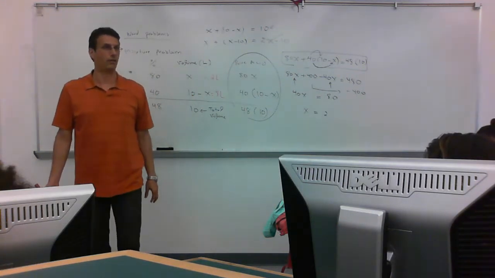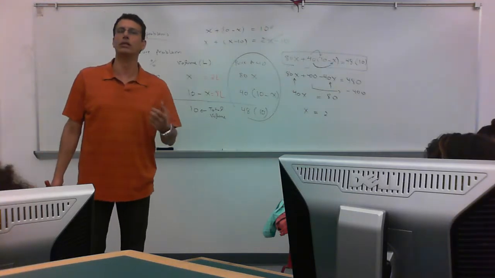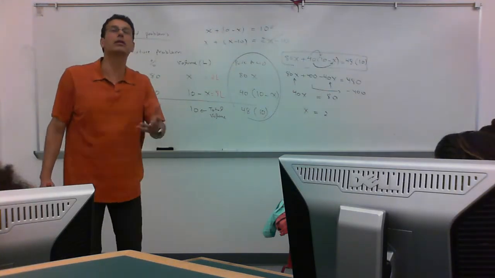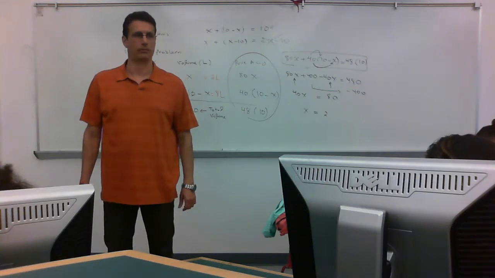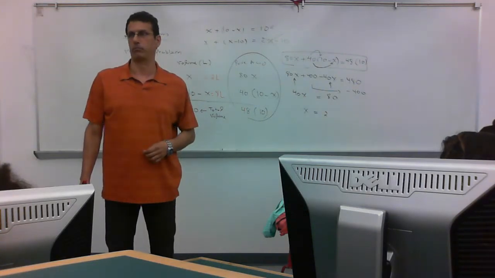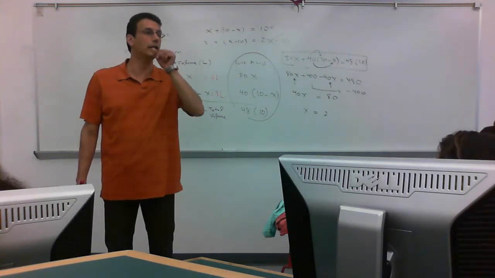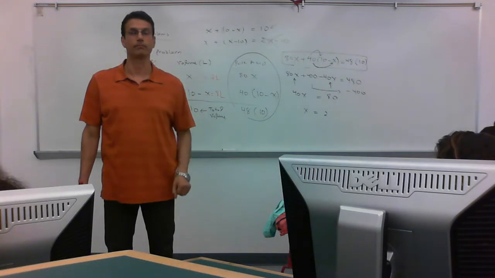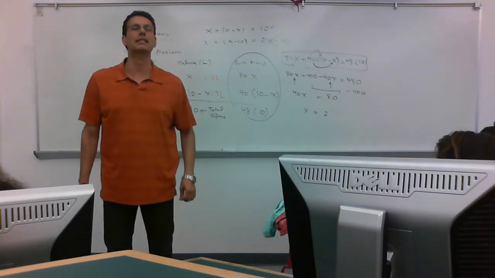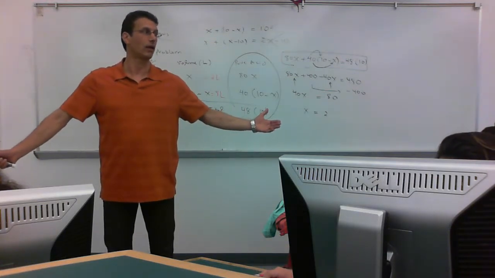of acid. For example, let's make it an easy number. If you have 100 liters of 30% acid, a 30% sulfuric acid solution, how much pure acid do we have? If it's a 30% solution, what does it mean?